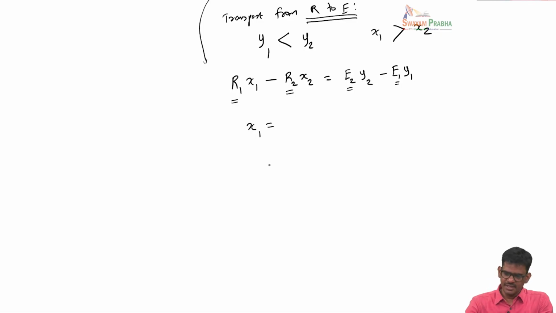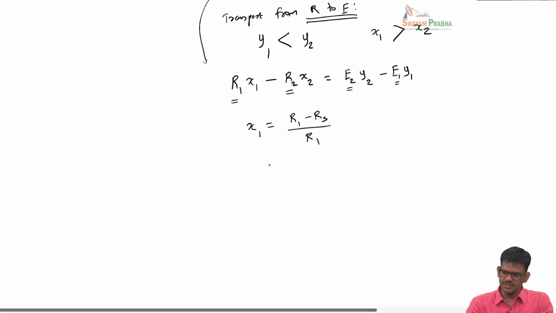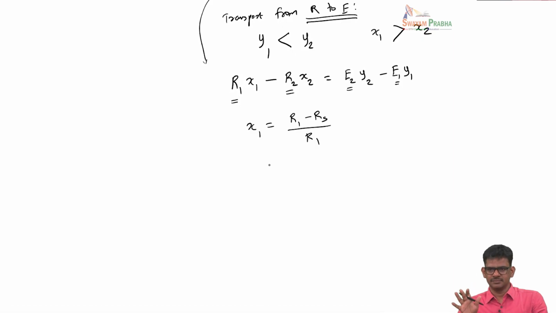So this can be written as R1 minus Rs by R1. R1 minus Rs will be the total molar flow rate of the solute A only at the entry. R1 is total, Rs is only the solvent. The difference would be the solute molar flow rate. Divide that by the total molar flow rate, which is R1. That should give you the mole fraction X1, right?